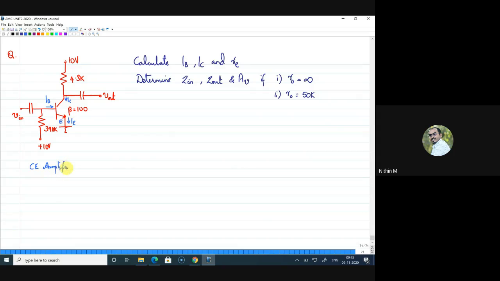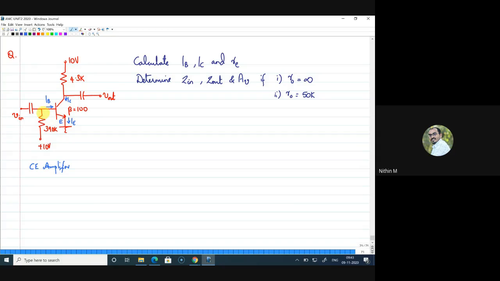So this is actually a common emitter amplifier. Now the DC voltage to the base is fixed through a resistance of 390k, and that is 10. So base is connected to 10 and emitter is connected to 0. This is a PN junction, and it can be forward biased. Now for the collector base junction, your collector is connected to a voltage of 10.